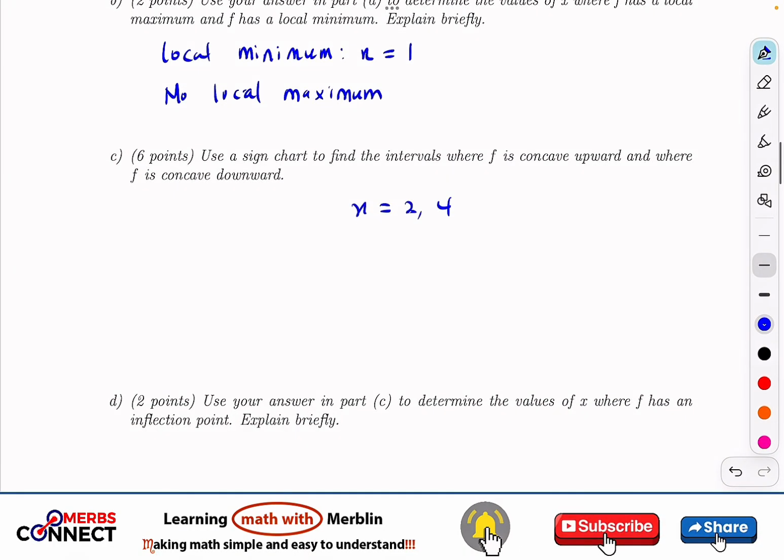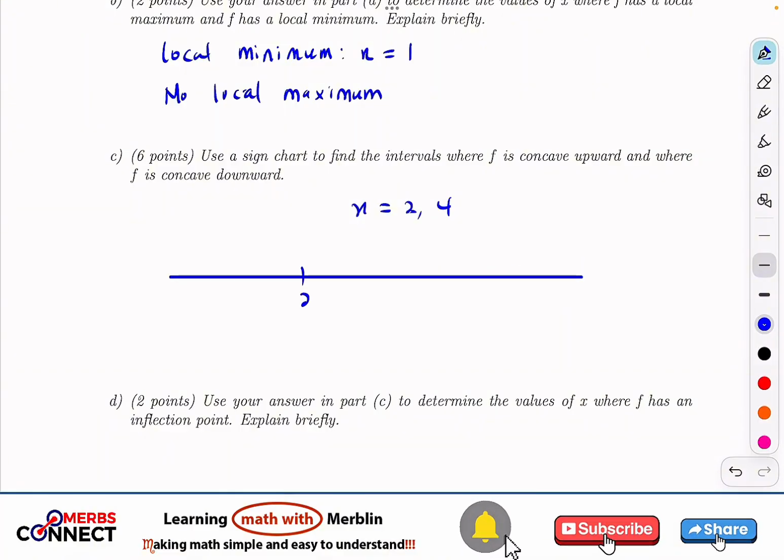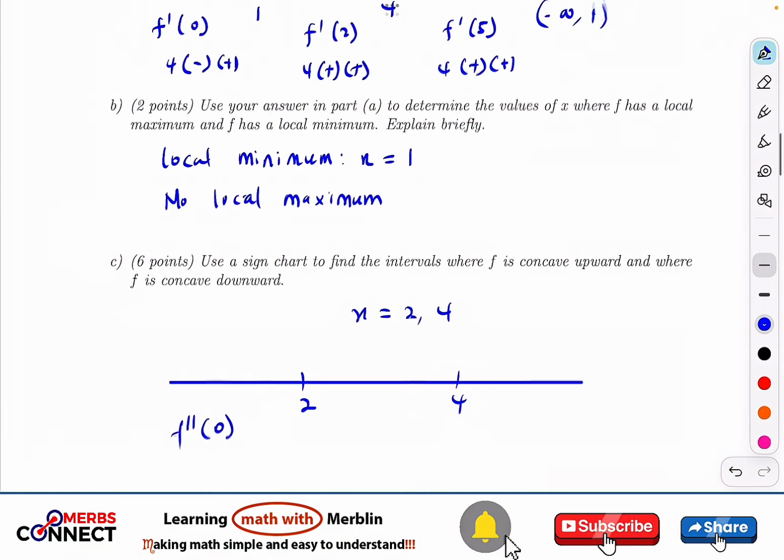Yes. So now we can draw our sign chart here and put my 2 here, put my 4 here. Now here we are using f prime prime because we are talking about concave up and down. So I can pick 1, or let me say, yeah, I can pick 1. 1 is a critical value, so we shouldn't use that. Let's use something like 0, right?